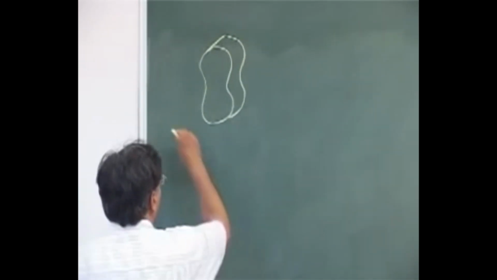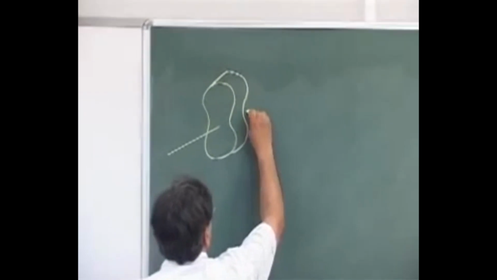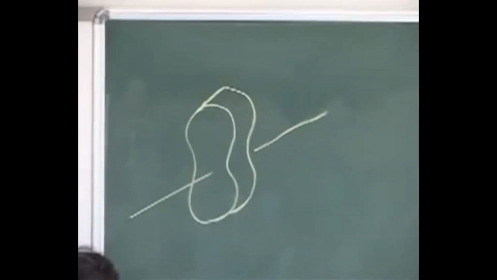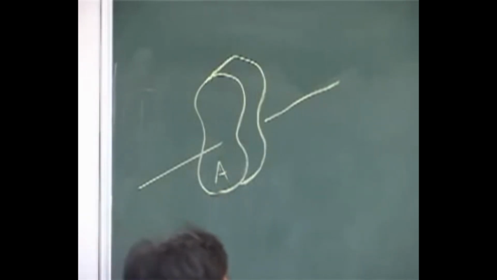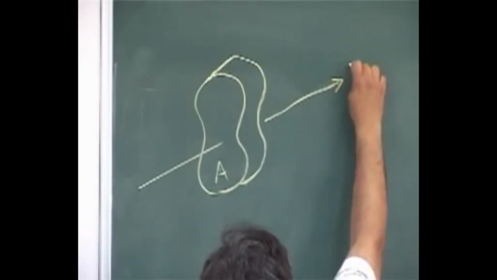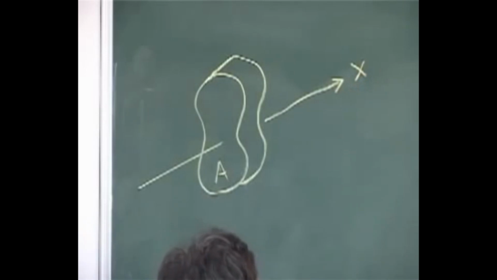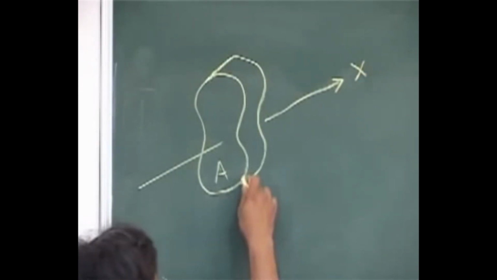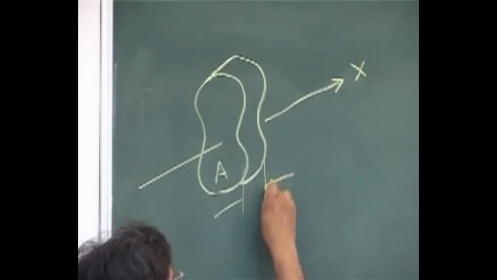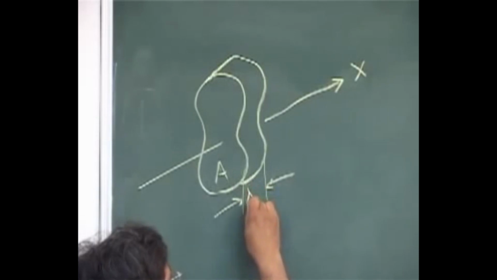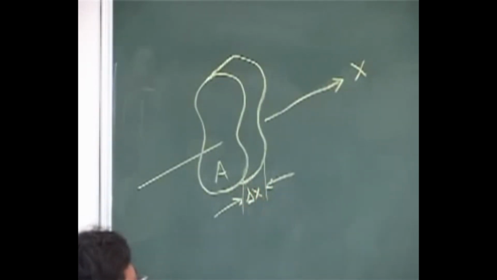My flux is in this direction, and the area is A. I am calling this direction x, and the width of the strip is delta x.